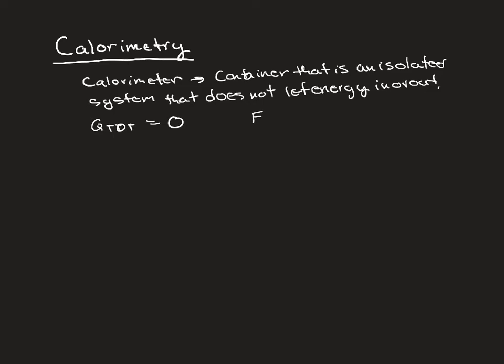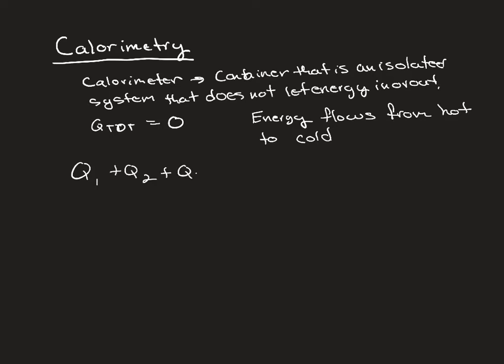So remember, energy flows from hot to cold. So in this isolated system, when we add Q1 plus Q2 plus Q3, it's going to sum to 0.